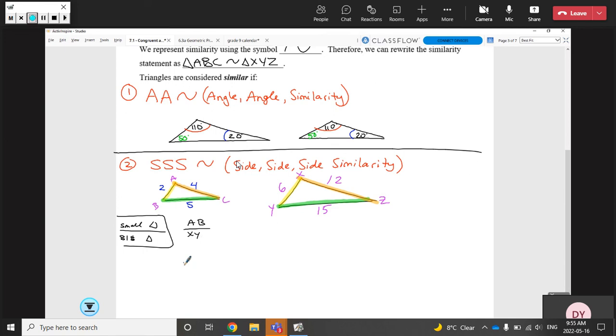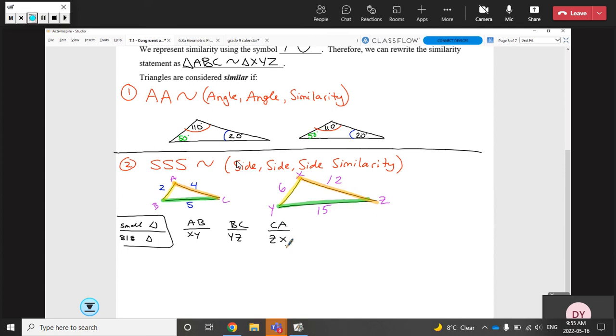Small triangle, big triangle. So we know AB, which is yellow, corresponds with the other yellow, XY. BC corresponds with YZ. And I left a space there on purpose. And we have CA, which is orange, and that corresponds with ZX.